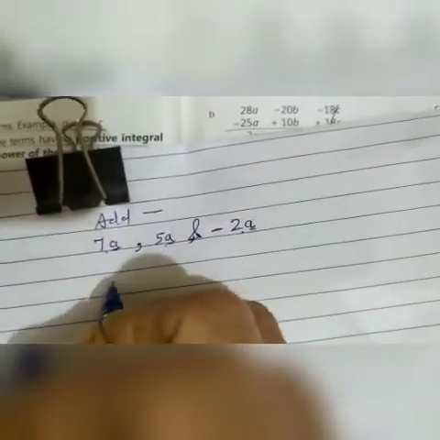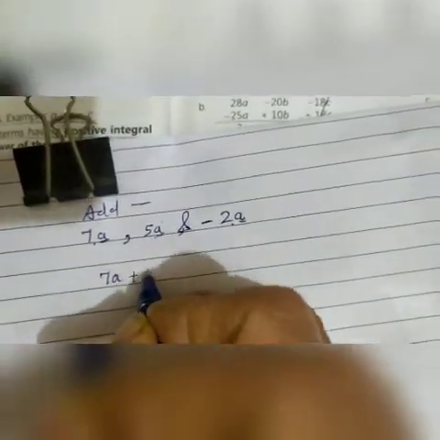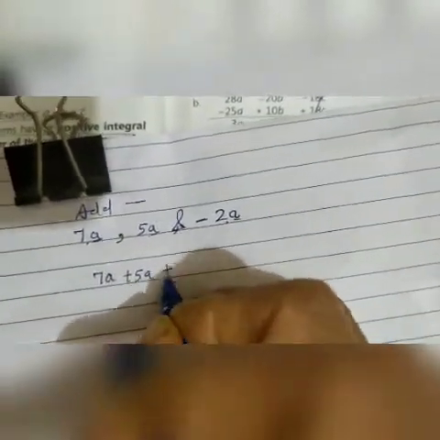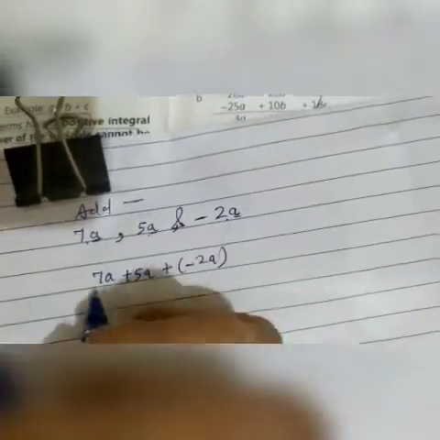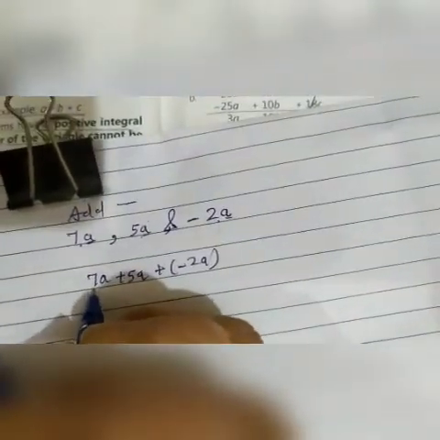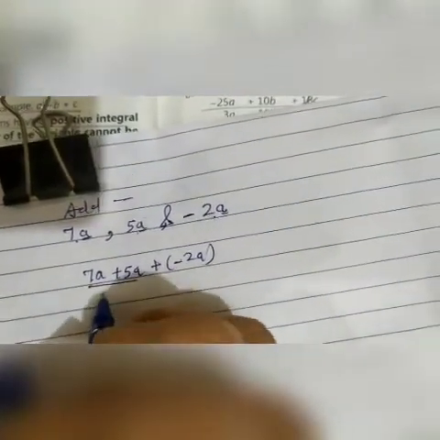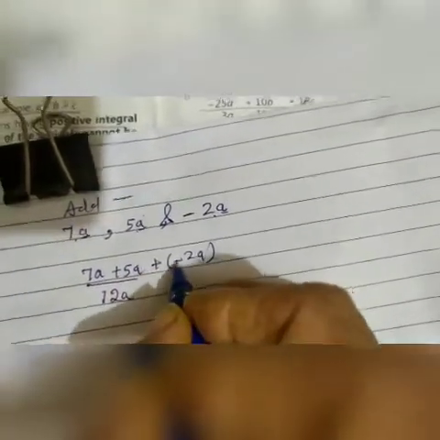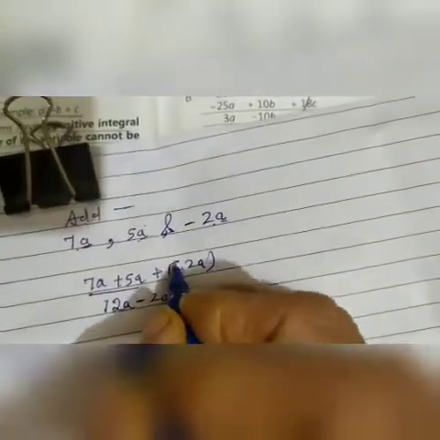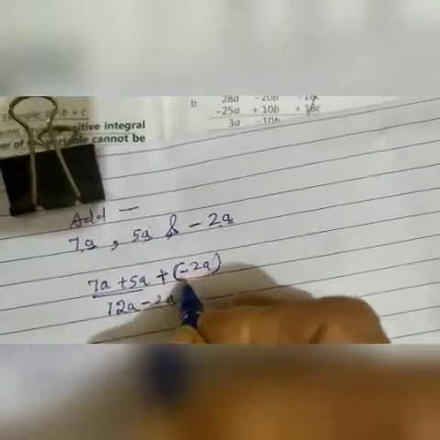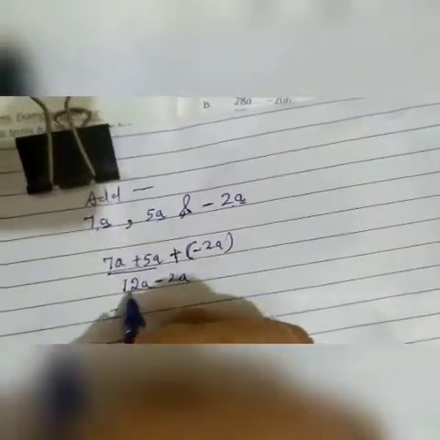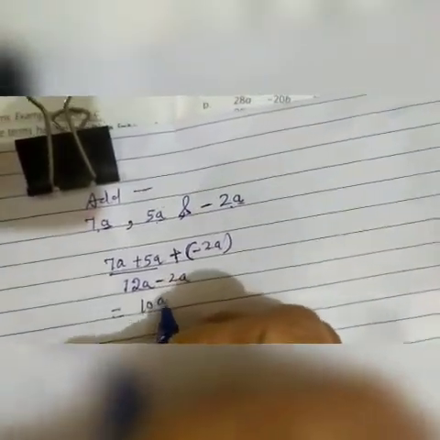So how will we add? We will add 7a plus 5a plus minus 2a. Then it will be 7a plus 5a, 12a. It is minus 2a. Outside this bracket there is a plus sign, so we will write it minus 2a. Then 12a minus 2a is equal to 10a.